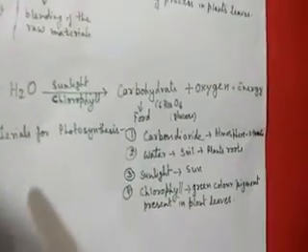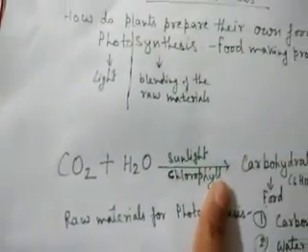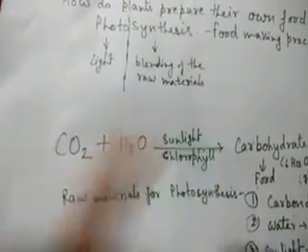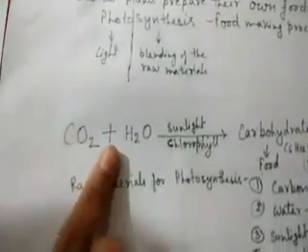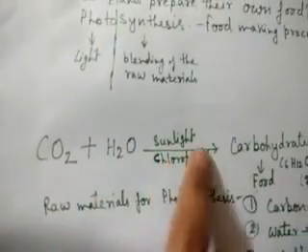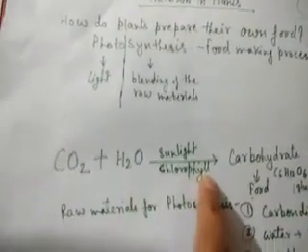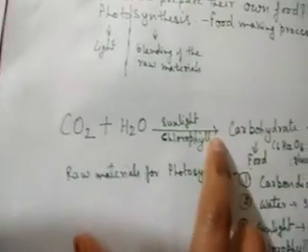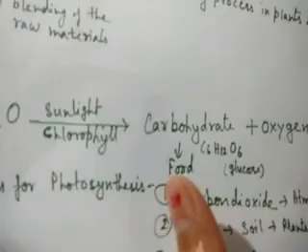So the reaction that takes place during the preparation of food in the photosynthesis process is: carbon dioxide plus water, in the presence of sunlight and chlorophyll, produces carbohydrate, oxygen, and lots of energy with it.